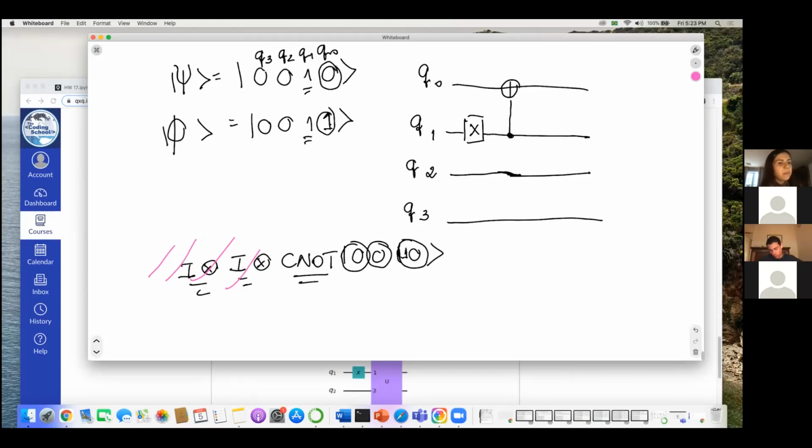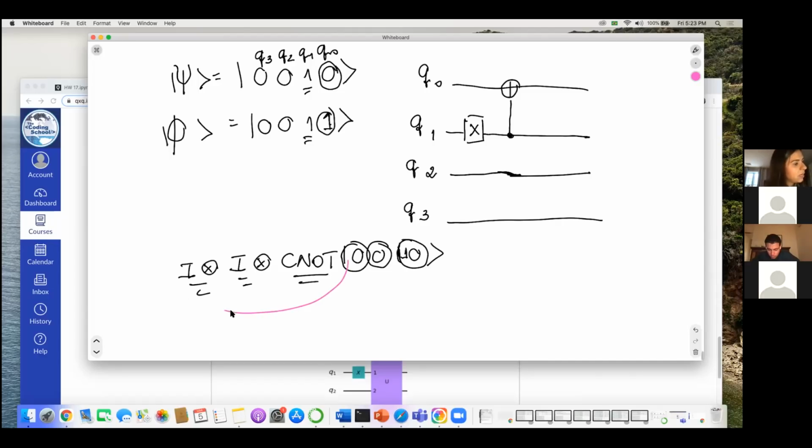But when I apply the identity matrices before, I know when I should apply a C naught. It's going to be the third operation that I'm applying. The third operation, bottom up, is a C naught gate. So that's why you need the identity matrices here.